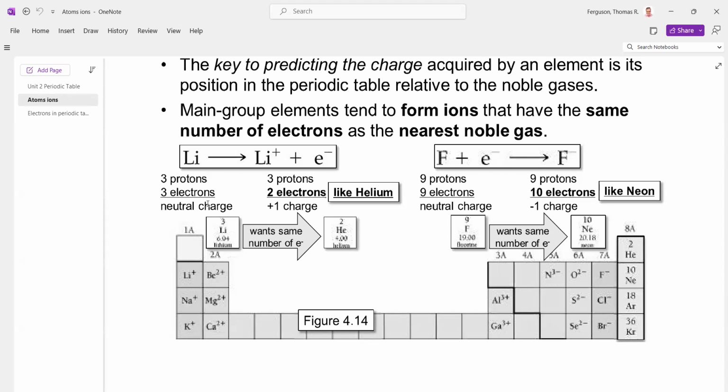When we go backwards from the noble gases, the first group we run into are the halogens. They form -1 charge. The next group is the oxygen group. It forms a -2. Nitrogen group is a -3. So what should this one be following that logic? -4, right? -1, -2, -3, -4. +1, +2, +3, +4. So this group does nothing.